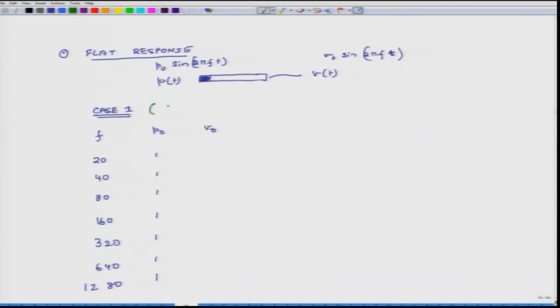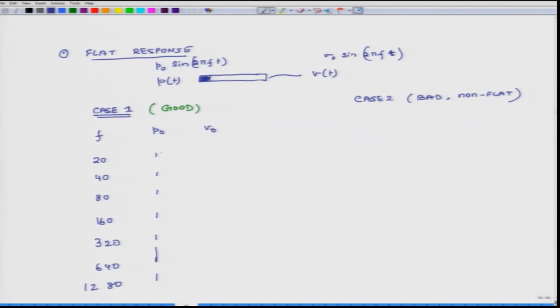This case 1 is the good microphone, and case 2 is the bad microphone, because it has a non-flat response. It can be bad for several reasons. For both microphones, I am subjecting them to different frequencies.